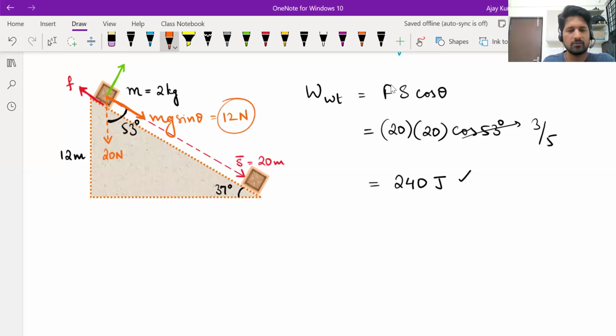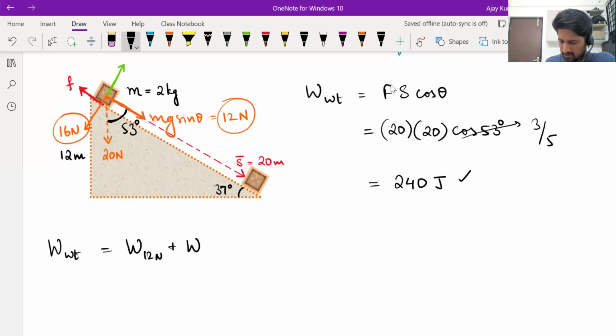That's one of the components of weight. Okay. And there's another component. The formula for the other component is mg cos theta. And mg cos theta in this case becomes 16 newtons. So that 12 Newton and this 16 Newton are the two components of weight.